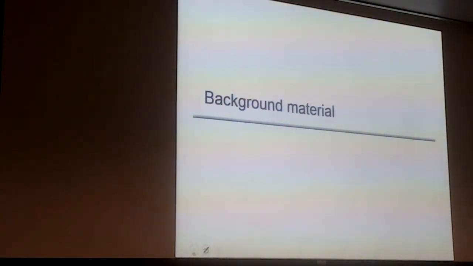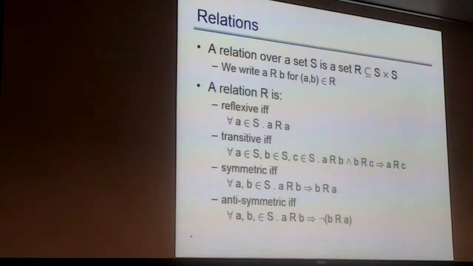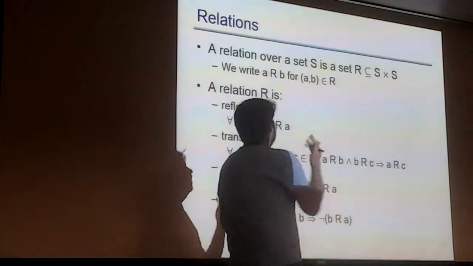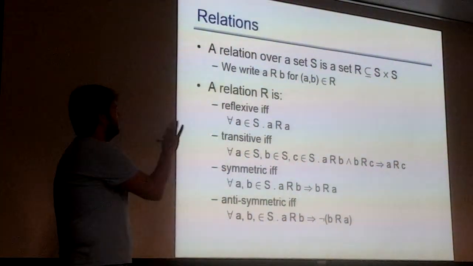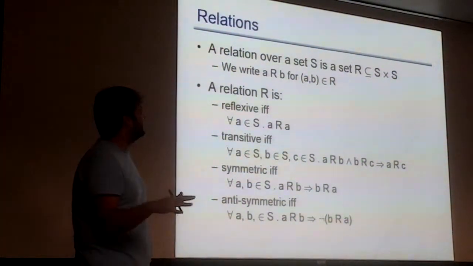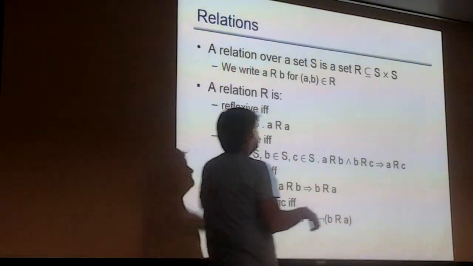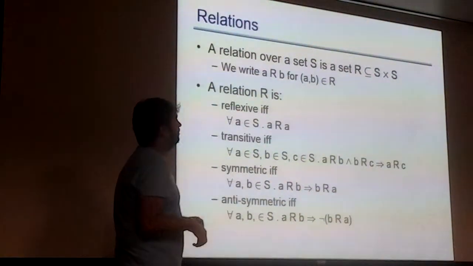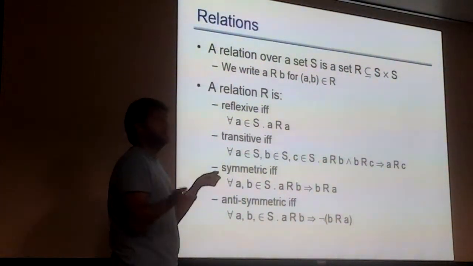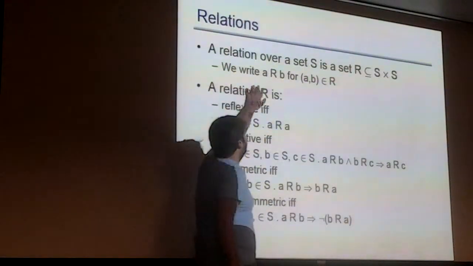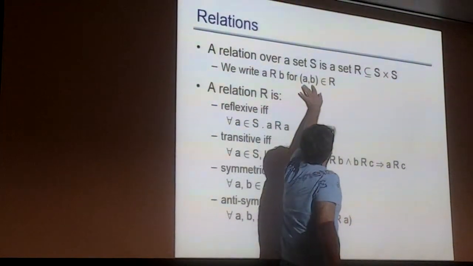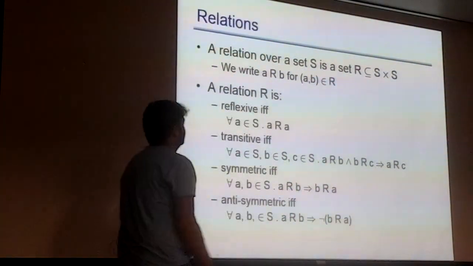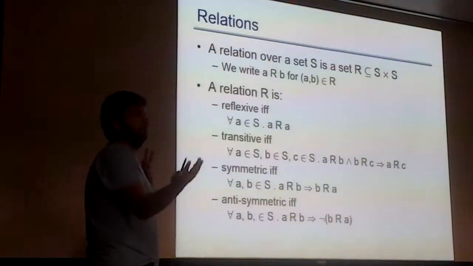First off, some generic definitions. This is relatively standard from logic. A relation over a set S is basically a set of pairs from S. We write A R B to mean that the pair (A, B) is in R. What's an example of a relation?